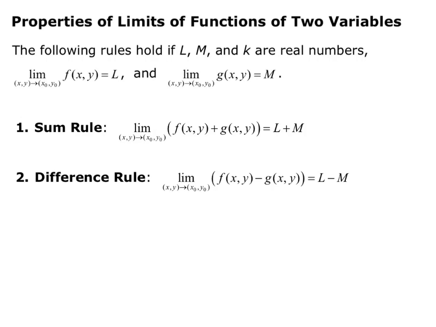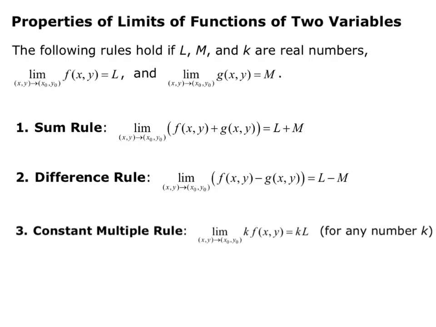The difference rule says basically the same thing. The limit as xy approaches x0, y0 of f of xy minus g of xy equals L minus M. So if you are taking the difference of two functions, take their limits separately and subtract the results.